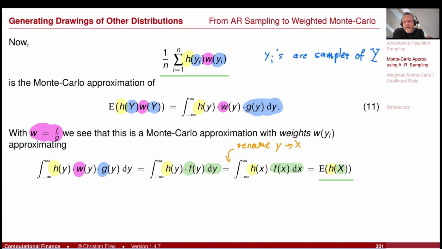So that would happen if we use acceptance rejection in a Monte Carlo integral and are a bit clever to not throw away the points, but to just account for their relative frequency. And this thing that you see here is called weighted Monte Carlo. So you have a Monte Carlo approximation with a certain weight, and this trick can be used in different ways to improve the Monte Carlo integral.